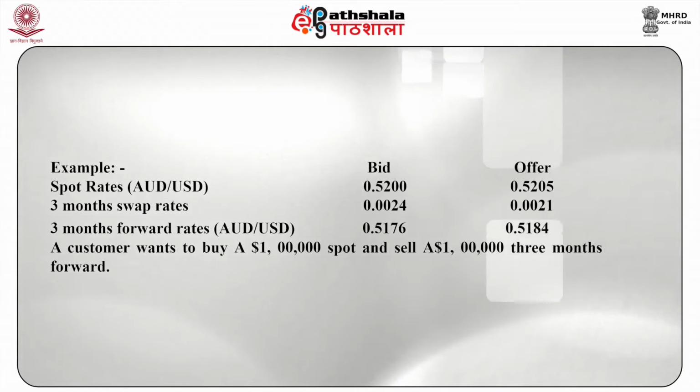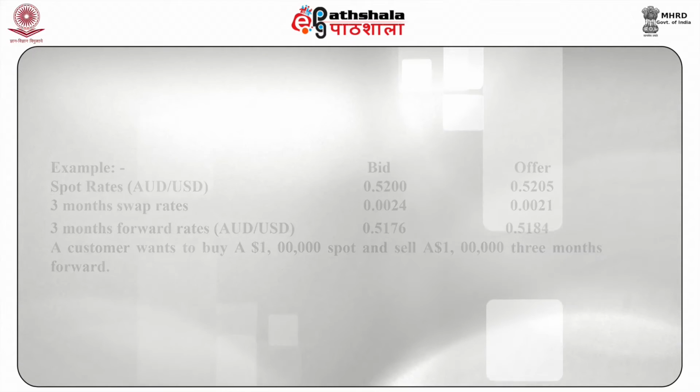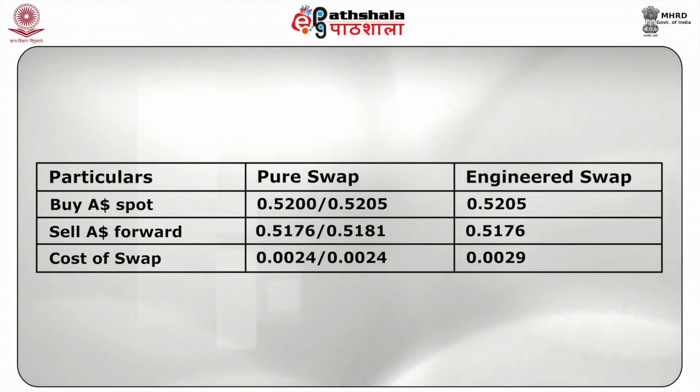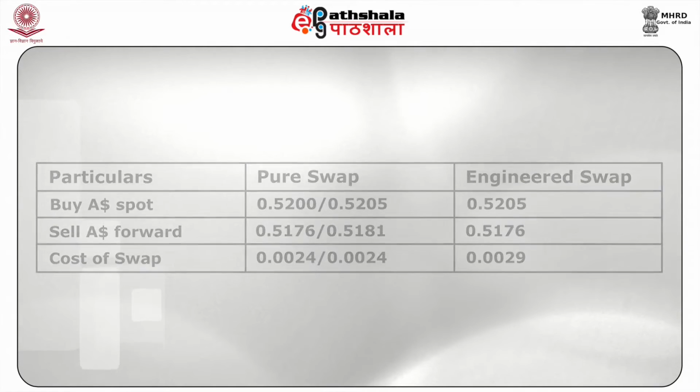A customer wants to buy A$1 lakh spot and sell A$1 lakh 3 months forward. The cost of the swap as a pure and an engineered swap is given in the following table. Therefore, it is clear that a pure swap is more economical than an engineered swap. This is because in the above example, the total cost of the swap is less in the case of the pure swap.